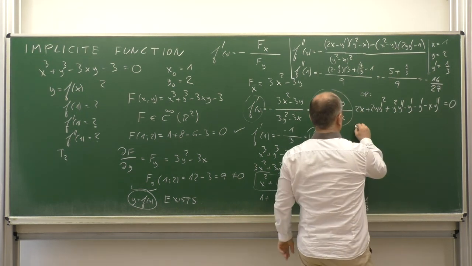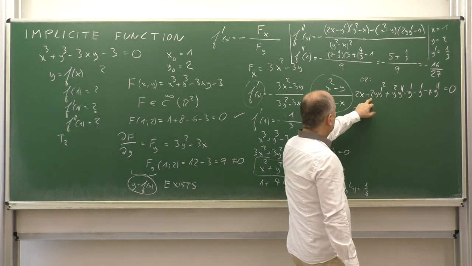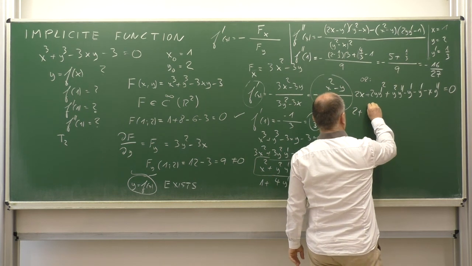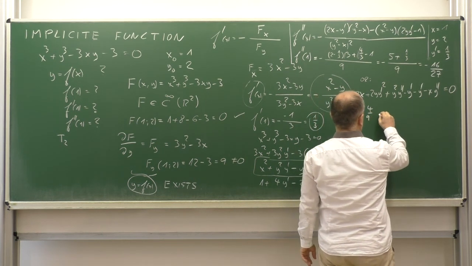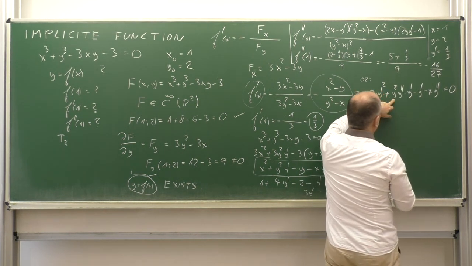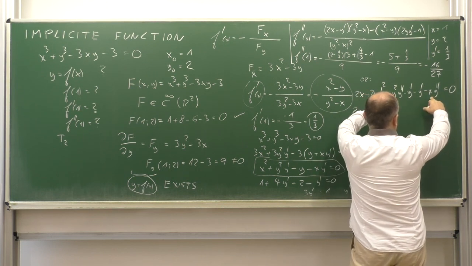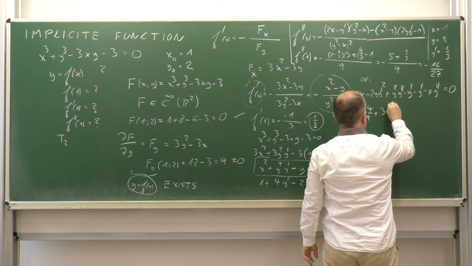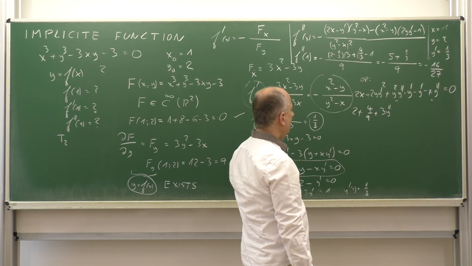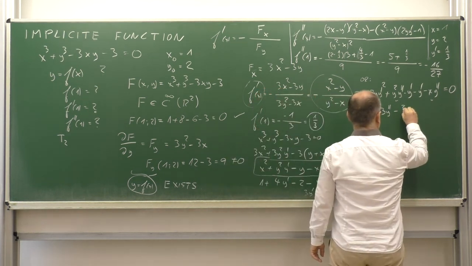So we have 2 plus 4 divided by 9 plus, and here we have 4 y second minus y second, which is 3 y second, minus 1/3 is minus 2/3.